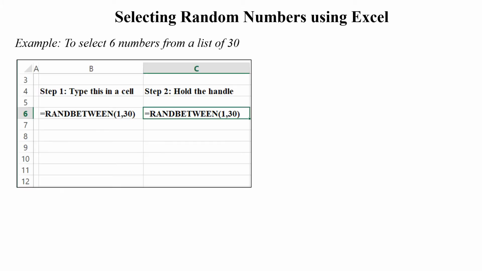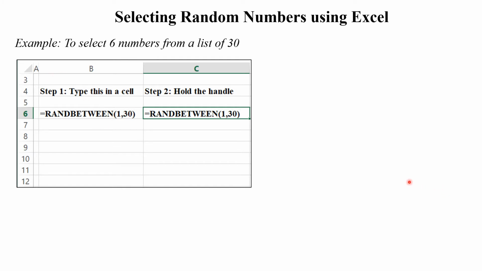Selecting random numbers using Excel. In any cell in Excel, type, step 1, equals RANDBETWEEN, short for random between, with an equal sign in front. RANDBETWEEN, bracket 1, 30. 30 is your capital N, the number in the population.